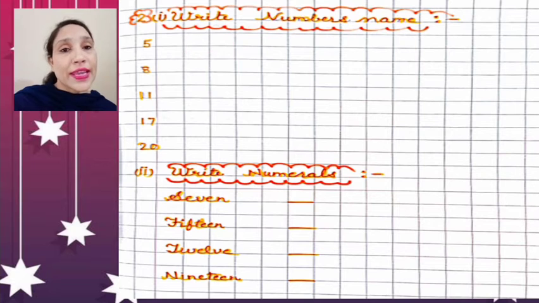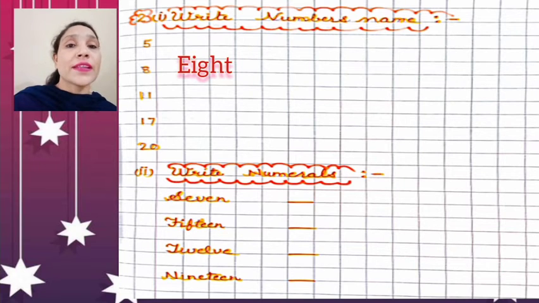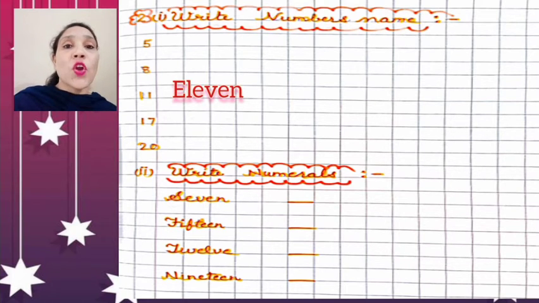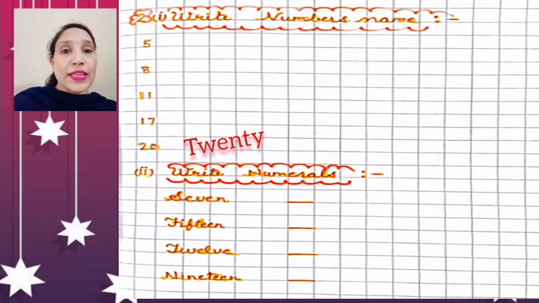Next number is 8. You have to write here EIGHT. You have to write here the name of 8. Now next is 11. You have to write here the spelling of 11, ELEVEN. Next number is 20. TWENTY.